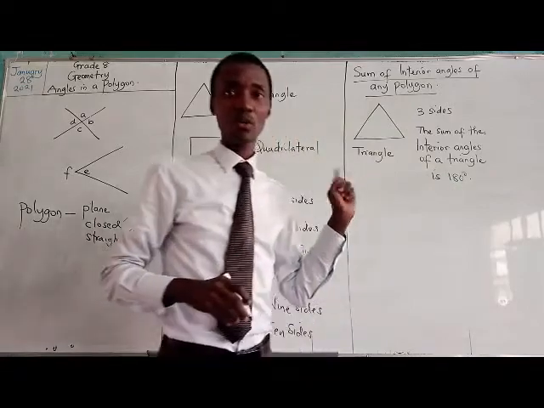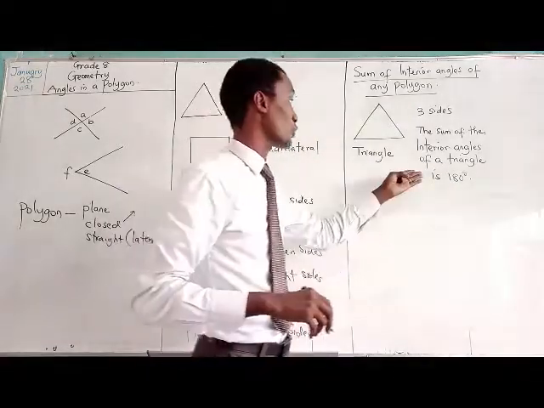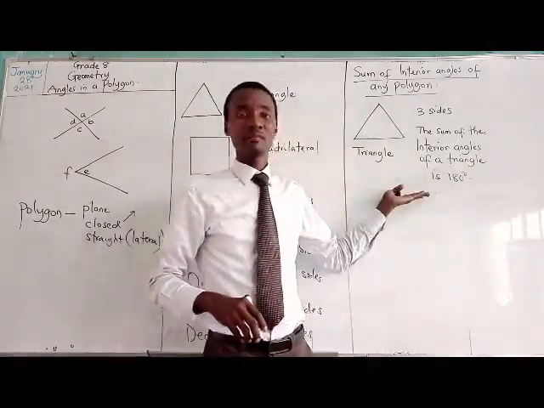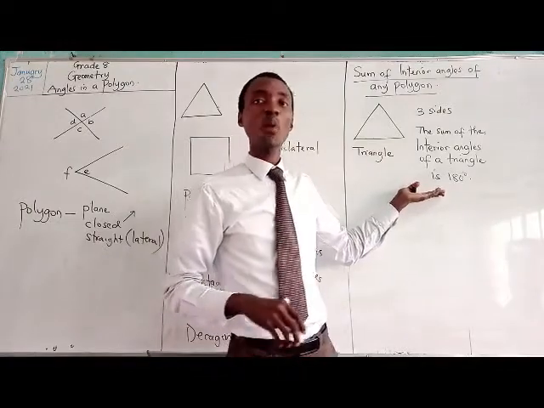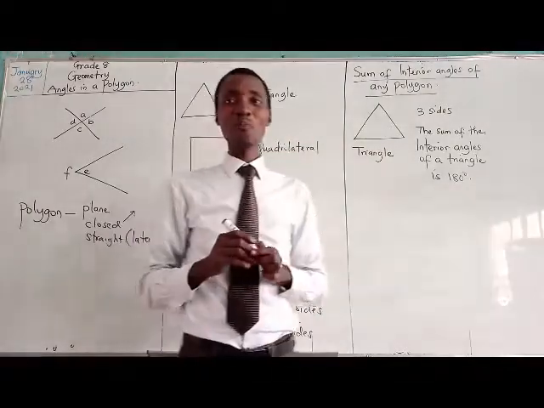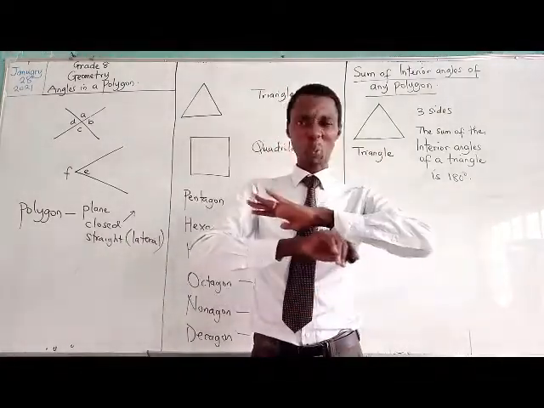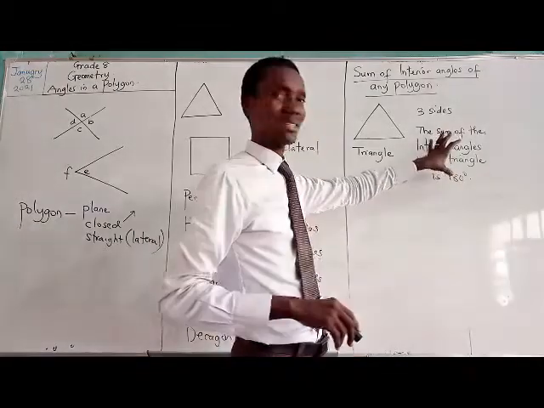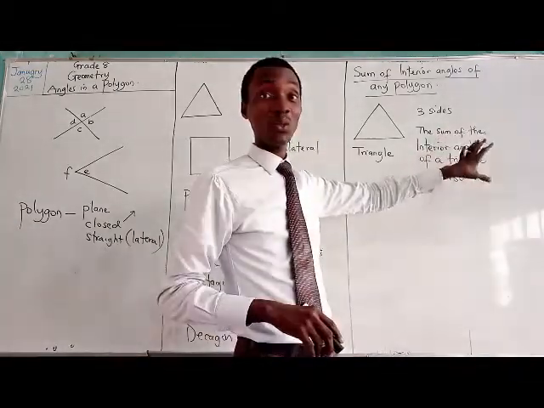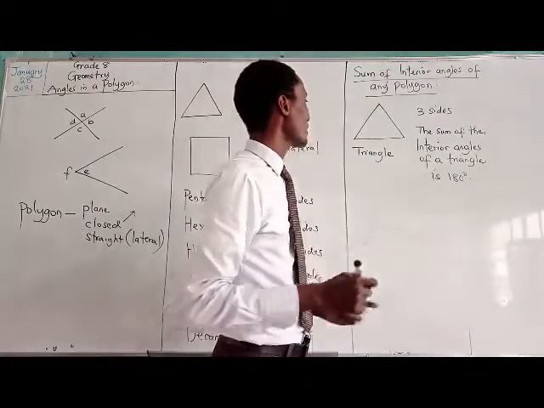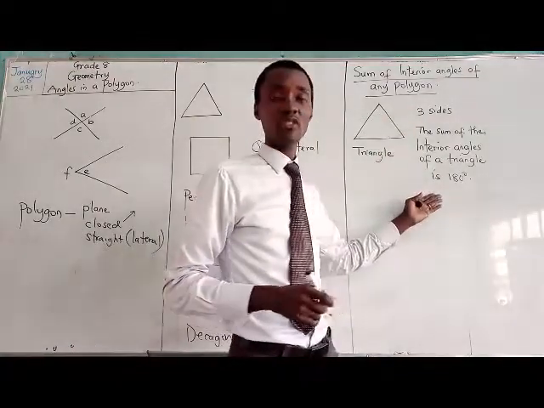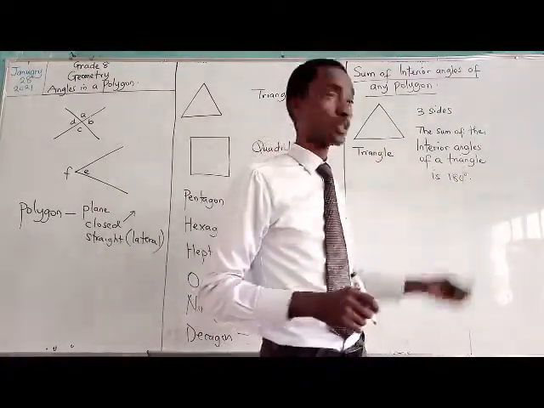Please pay close attention to this, because this is what I'm going to use as my building block to help you get any other polygon, any one at all. Once you have this understanding, you can tell what it is. Alright, so that's for a triangle. I'll give you some time to draw that and then to write in short notes.